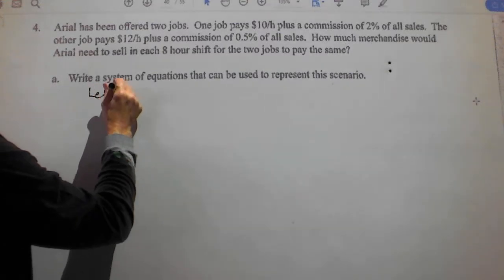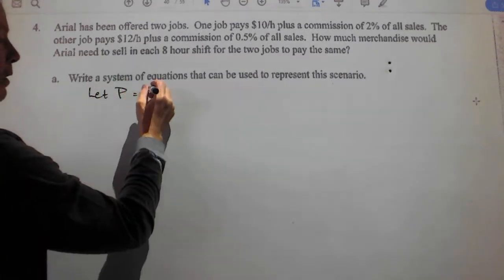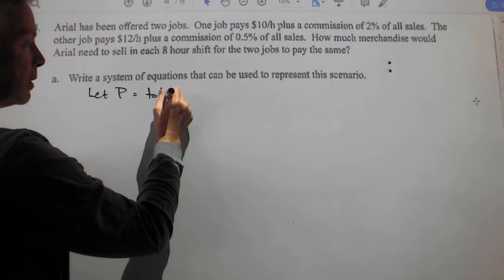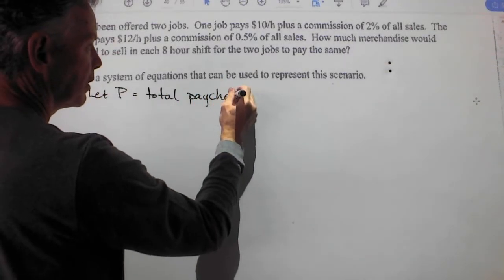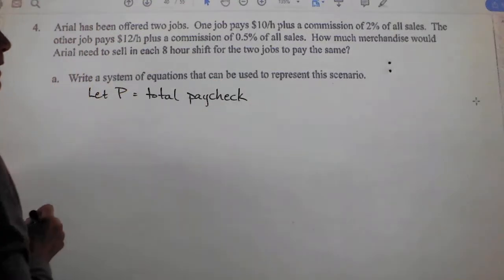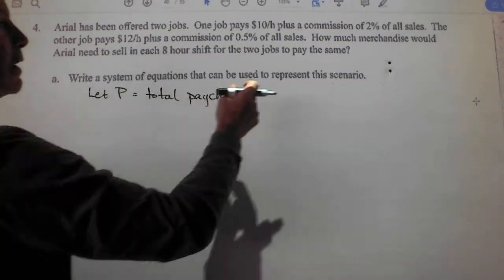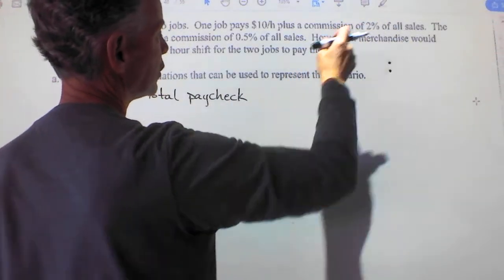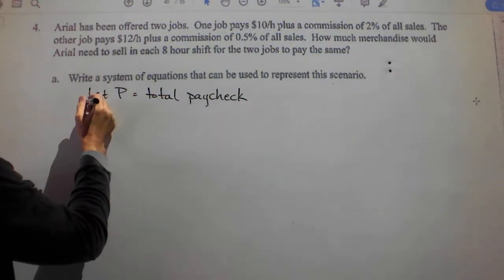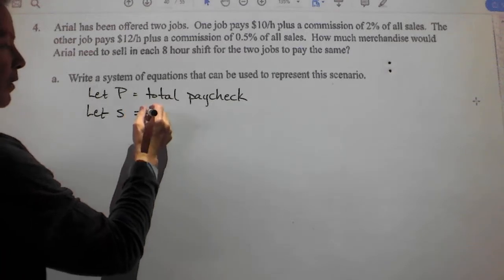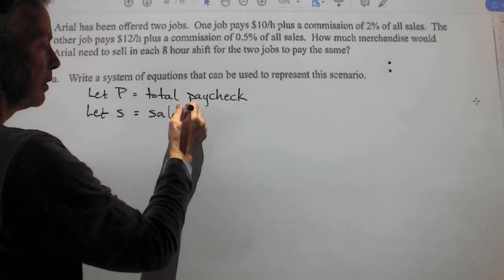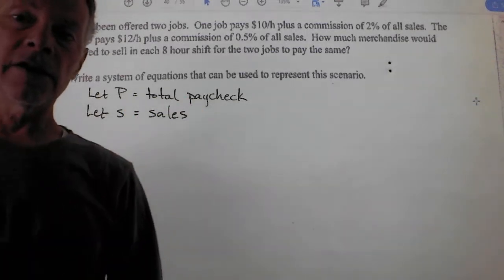Let P equal her paycheck, so how much she makes. And the other thing we don't know is how much merchandise would she need to sell. So we'll say let S equal her sales. So how much merchandise she had to sell.